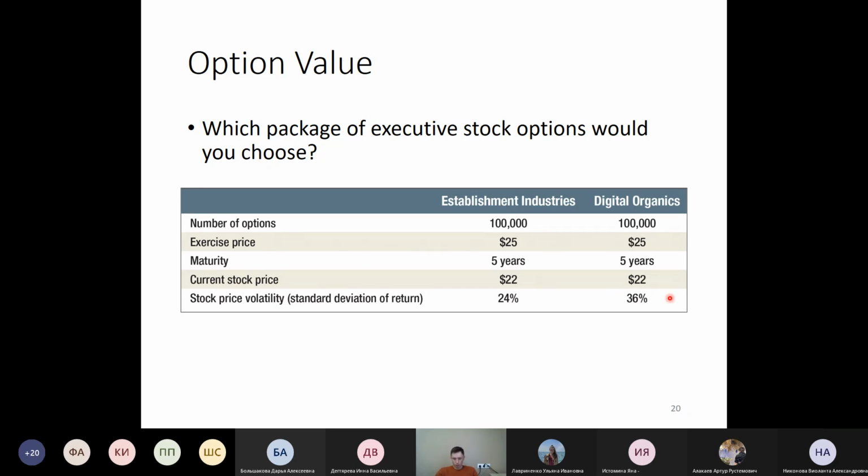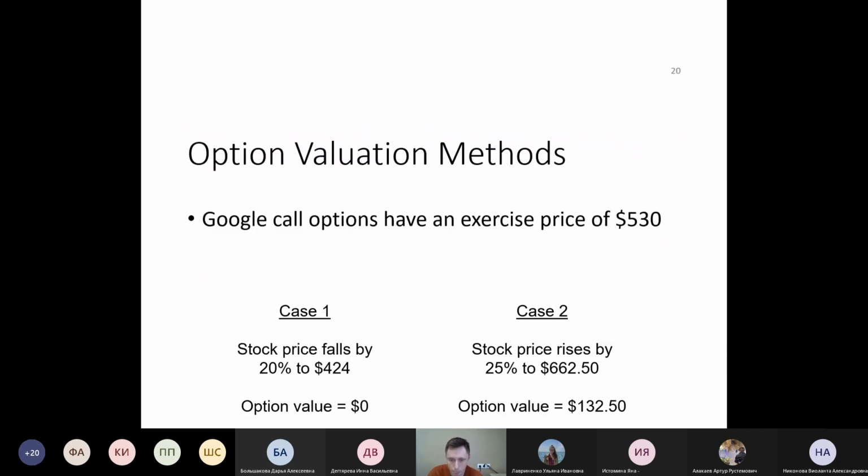And in this case, for you, it will be better to choose more volatile stocks as you hedge the risk of such stocks, and you hedge the risk of something that is more risky. This is more valuable as we consider the value of the option, not the value of the underlying asset.